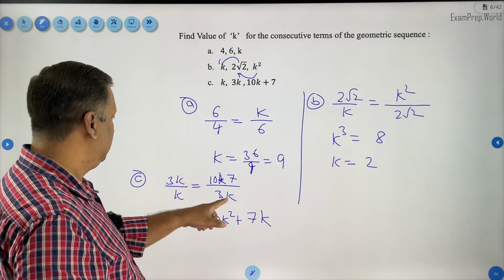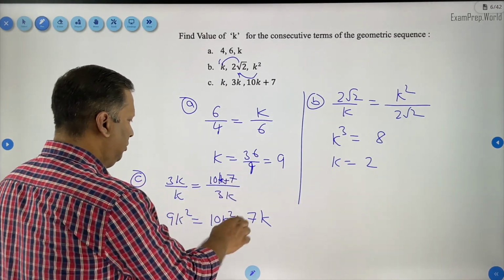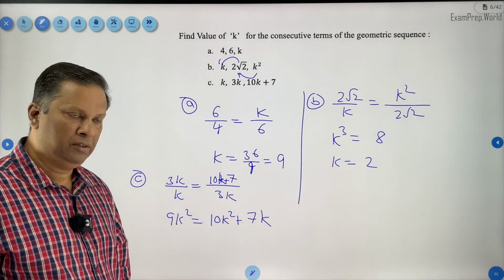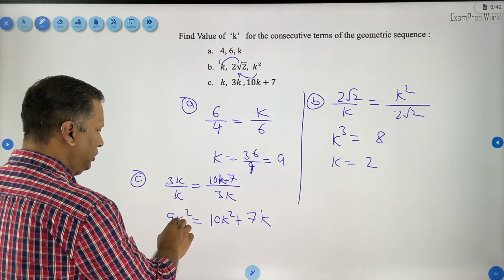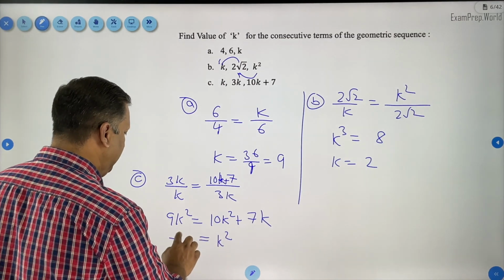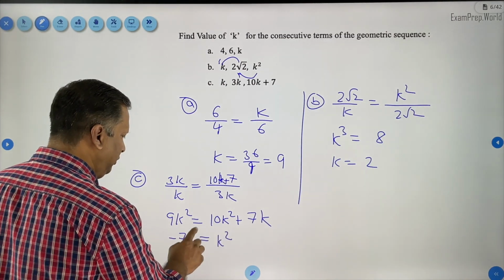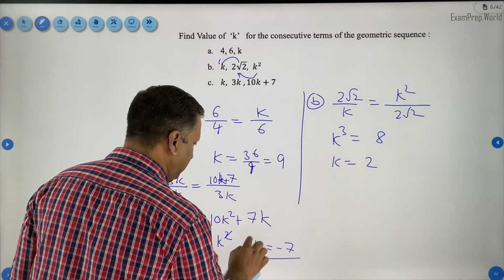So get this over here or this over here. It will be k square equals negative 7k. Cancel this k with this. So you get k equals negative 7.